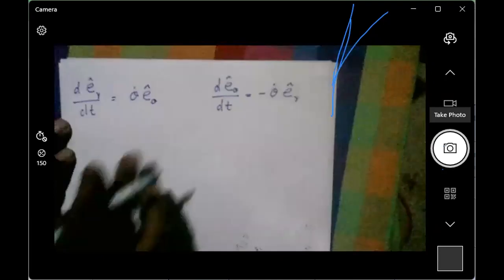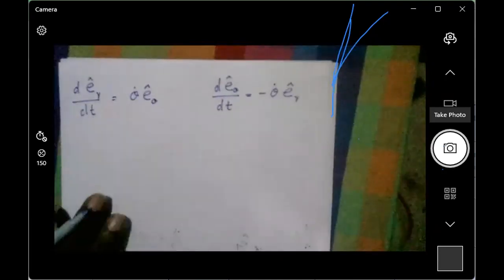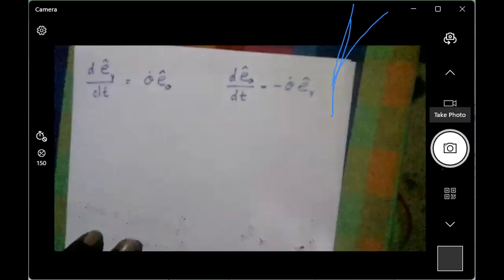Remember there is theta dot. Yes, you have to differentiate theta with time.